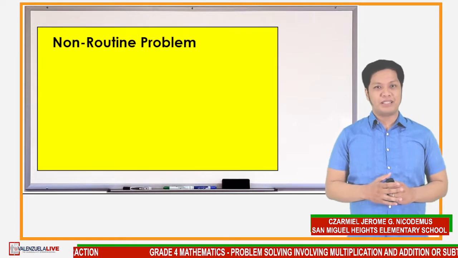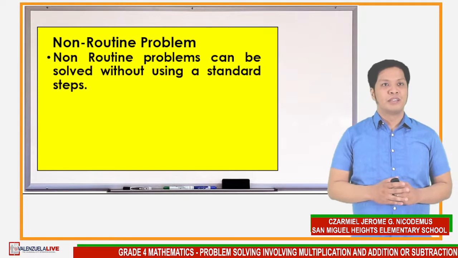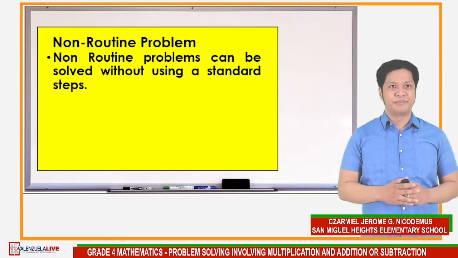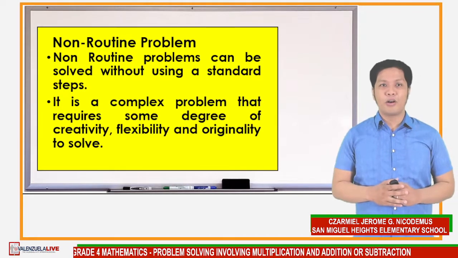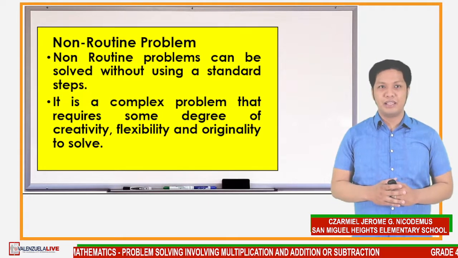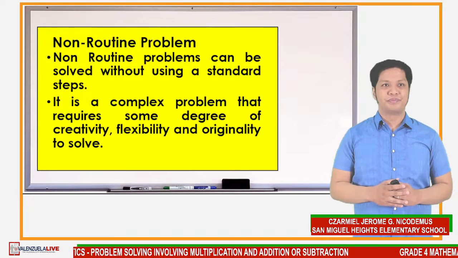That word problem is an example of a non-routine problem. Non-routine problems can be solved without using a standard step. It is a complex problem that requires some degree of creativity, flexibility, and originality to solve.